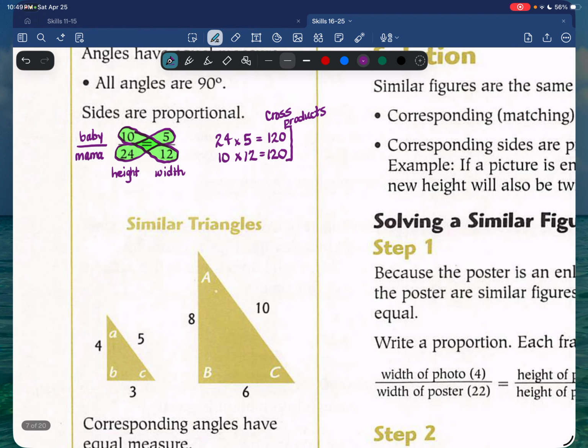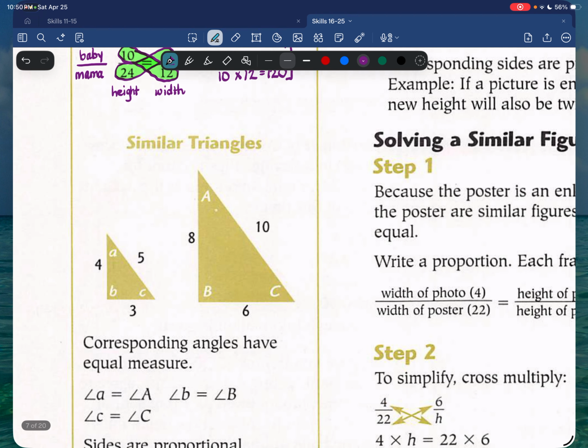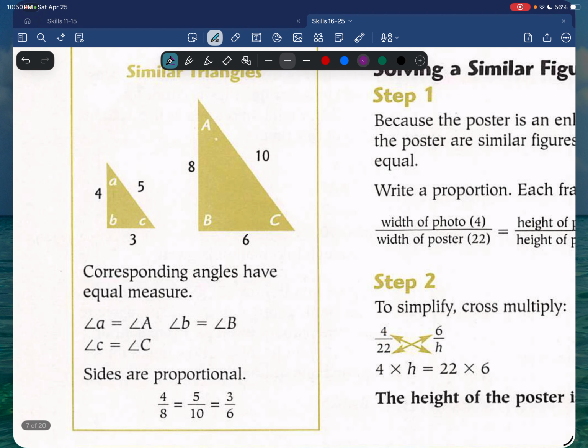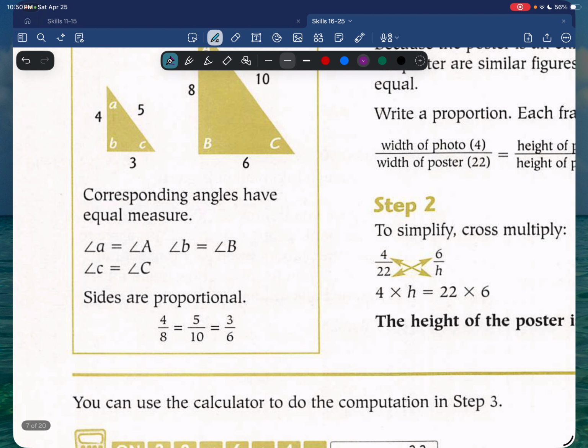So let's look at a triangle. With triangles, you have to check your angles, that baby A matches mama A, baby B matches mama B, and baby C matches mama C, and that the sides are proportional.